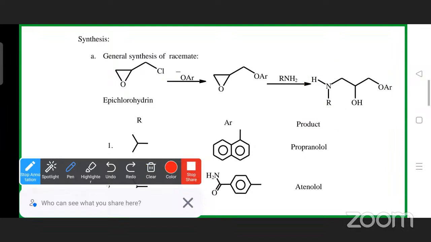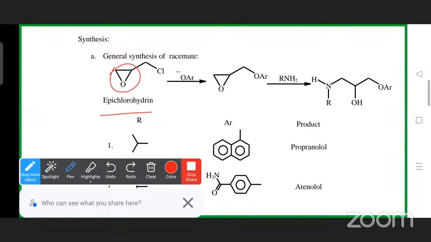And the synthesis is very simple, where it is starting from epichlorohydrin, right? So where this is the epoxide ring here. This is the oxy, right? Epoxide, oxirane, or the epoxide, right? So here we call it the chloromethyl epoxide.